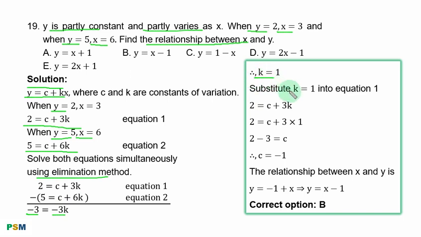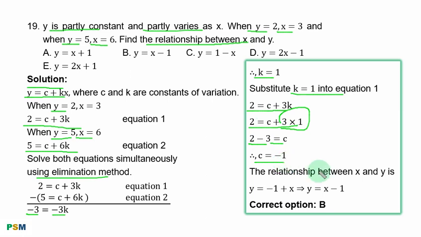To continue, you have to replace k with 1 in any of the equations. I'm using equation 1. This is equation 1. You replace k with 1 and you have 2 minus 3. You transfer this value to the left. It becomes minus 1 equal to c. Therefore, c is equal to minus 1.